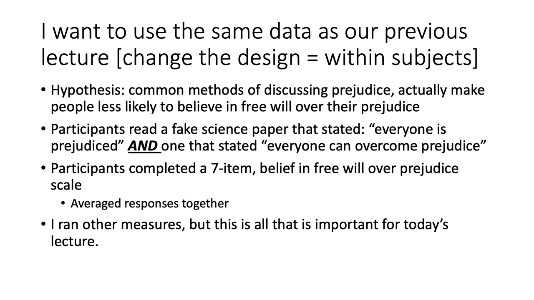Now, in today's example, I'm going to assume that one participant read both articles and provided their free will belief measures twice. I think that's really important to understand. So essentially, that is the change I'm making today.